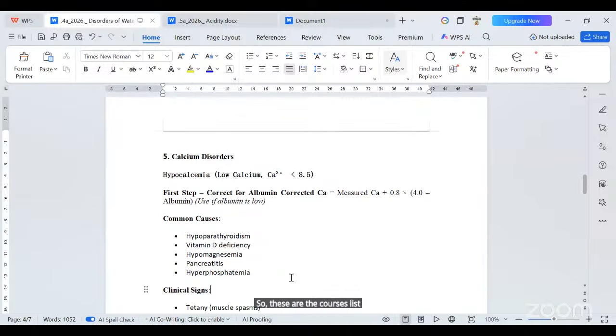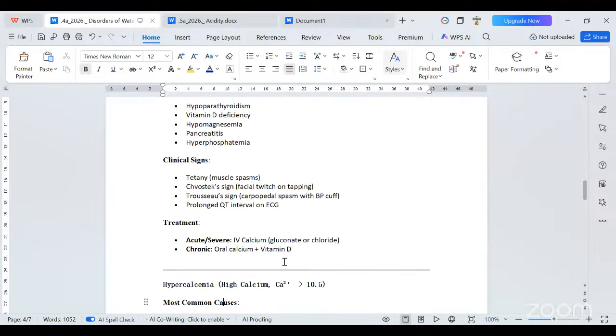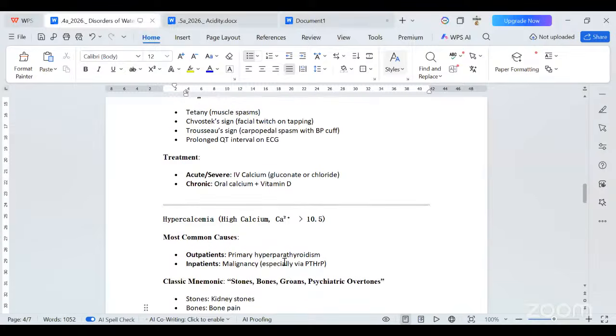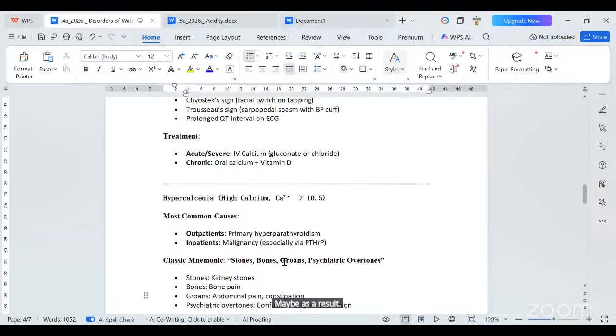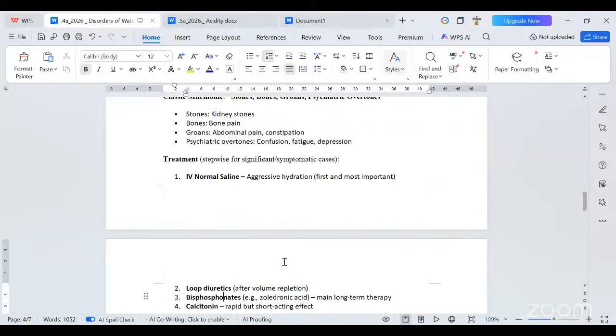We have vitamin D deficiency, pancreatitis, or hypoparathyroidism. Then hypercalcemia, when the calcium level is too high, maybe as a result of kidney stones or bone pains.